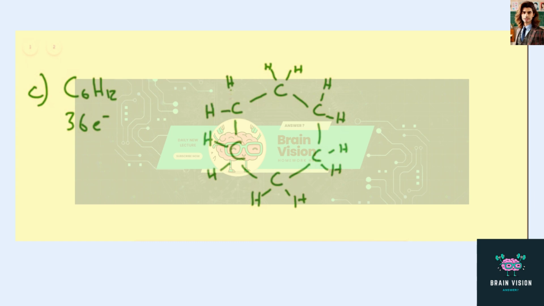So that's 18 bonds if we count them all, and that uses up all our electrons. So no double bonds, so we don't need to draw any resonance structures.